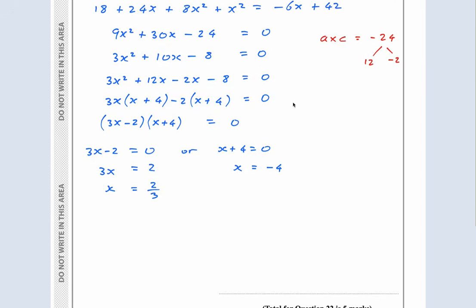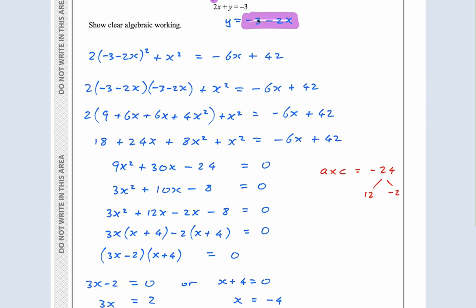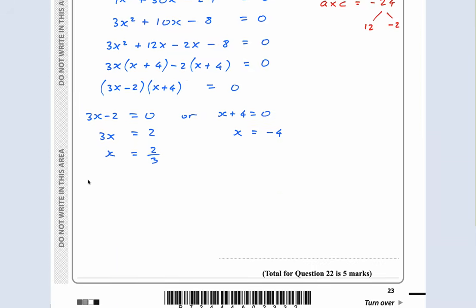Now, note guys, back to here. y is minus 3 minus 2x, which means for this x, y is equal to minus 3 minus 4 over 3, if you like. And this is minus 9 over 3 minus 4 over 3 is minus 13 over 3.